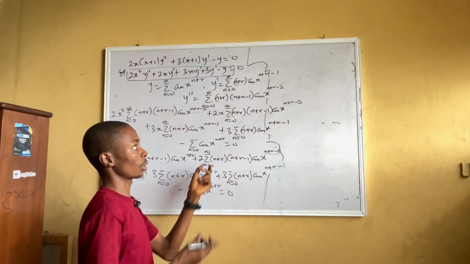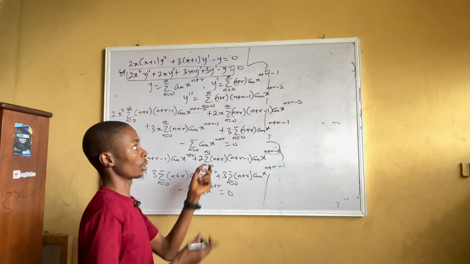We have n plus r plus 1 with 2n plus 2r plus 3 of a_(n+1) equals n plus r with minus 2 into n plus r minus 1 minus 3, with a_n. Well, I don't care, let me write it the way I like.